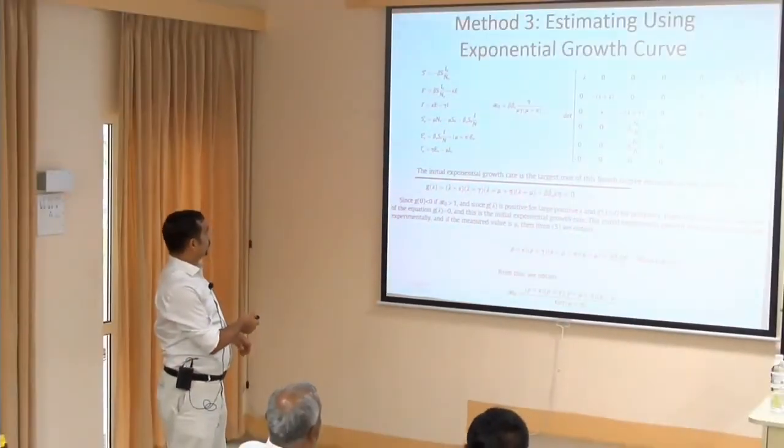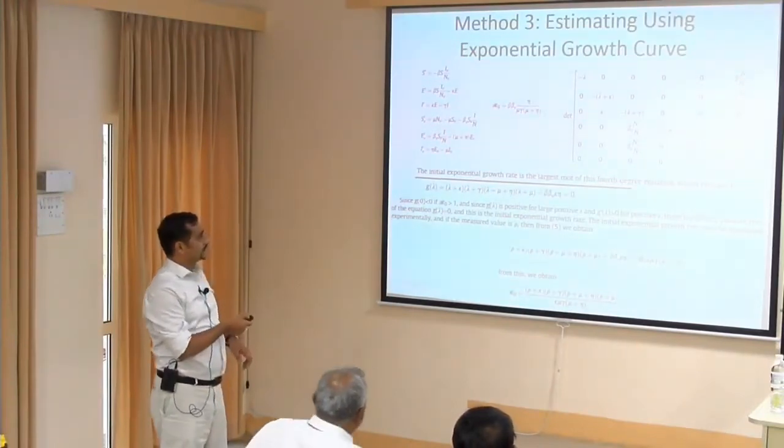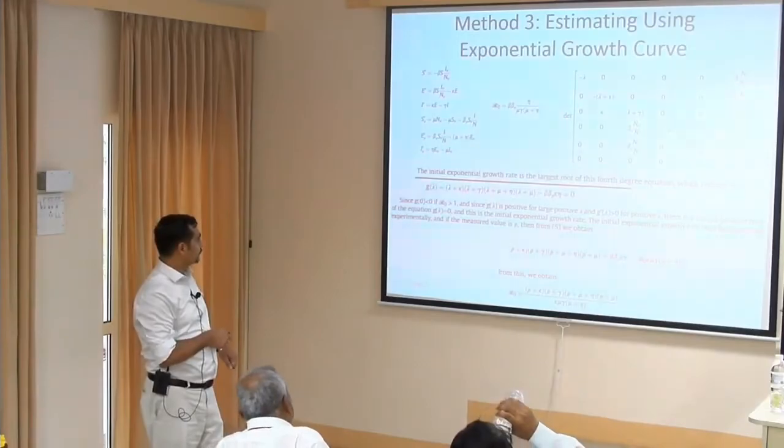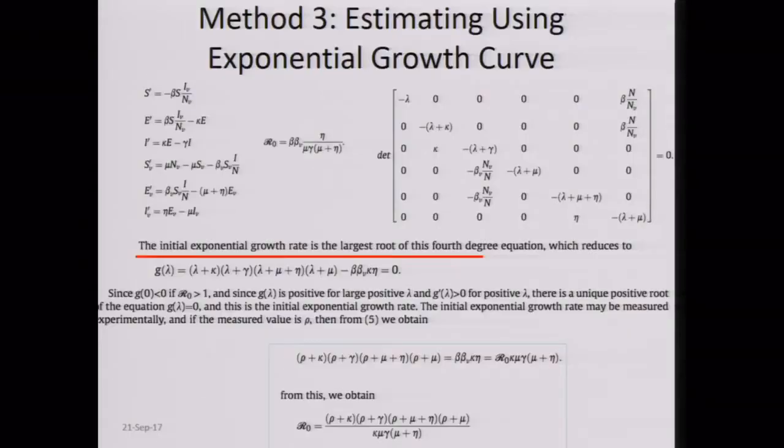So what we do is we linearize the system. This is a linearization of the system, and you find the characteristic matrix, right? And so what we do is we take the largest eigenvalue.